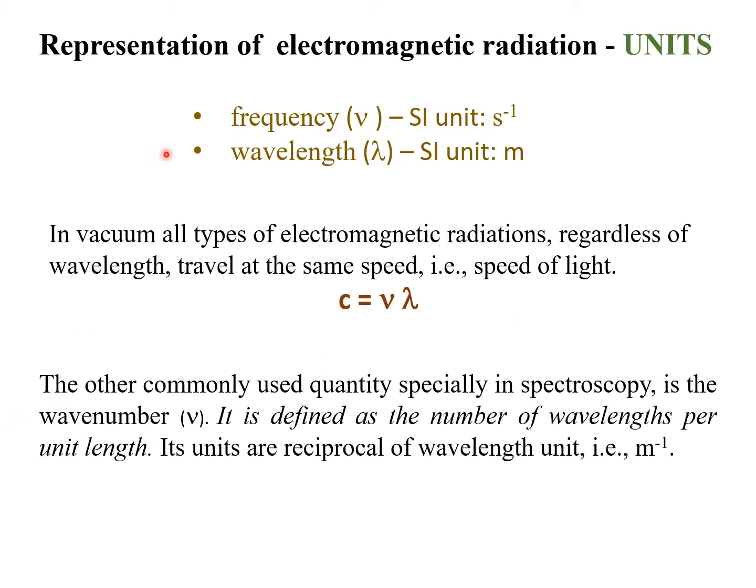The third entity by which we represent this electromagnetic radiation, apart from frequency and wavelength, is the wave number, which is nothing but the reciprocal of the wavelength. The SI unit of wave number would be per meter. It is defined as the number of wavelengths per unit length.